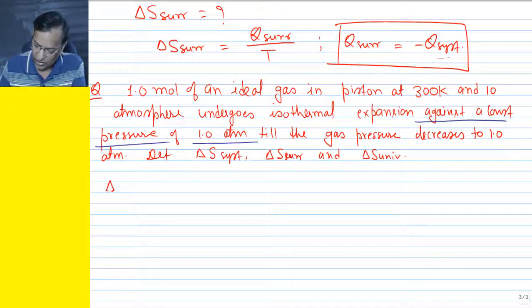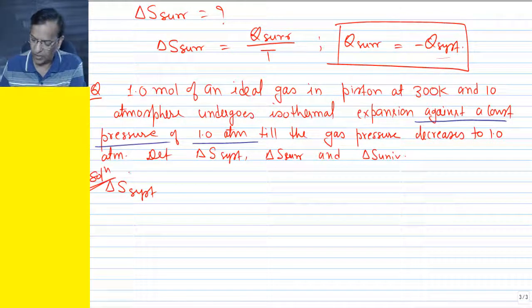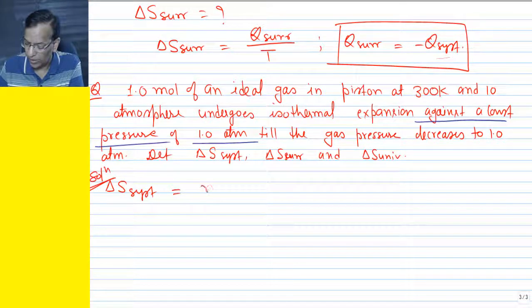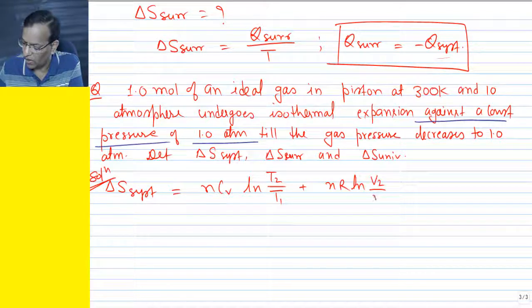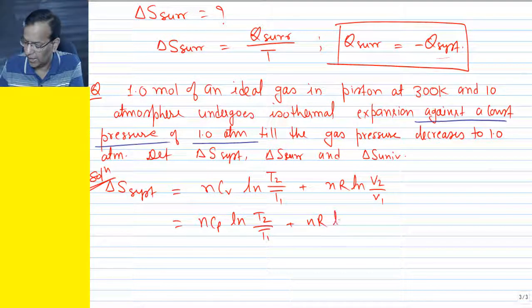So delta S system will be equal to nCV ln T2 by T1 plus nR ln V2 by V1, or nCP ln T2 by T1 plus nR ln P1 by P2.